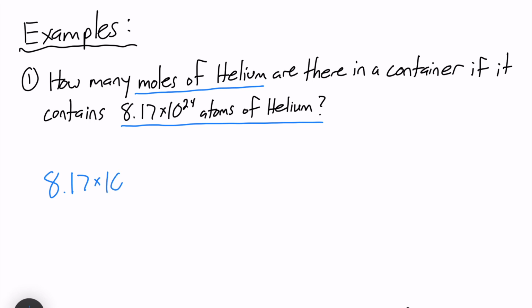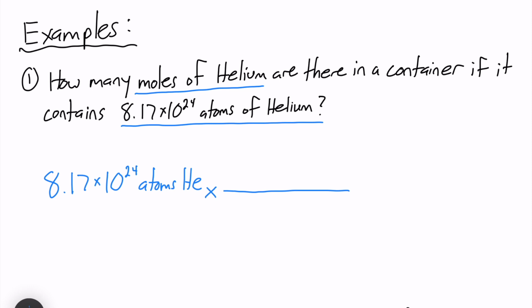Okay, so we'll begin with our 8.17 times 10 to the 24 atoms of helium. So atoms of He. And how I like to set this up is we're going to do something called a times sign line. Okay, and we're always going to put what we want on top.